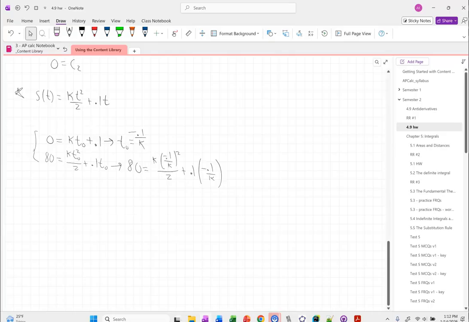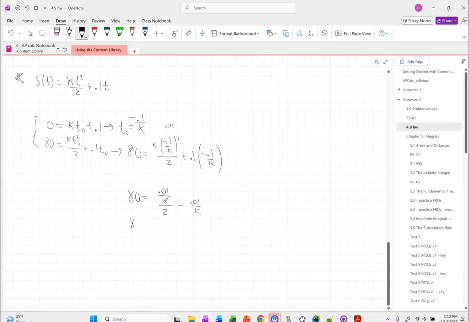What's this going to be? This is going to be 80 equals 0.01 over k divided by 2 minus 0.01 over k. So that's going to be 0.005 over k. Then I'll just multiply both sides by k.